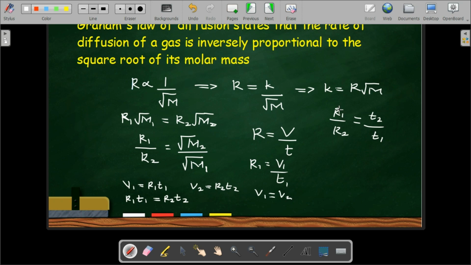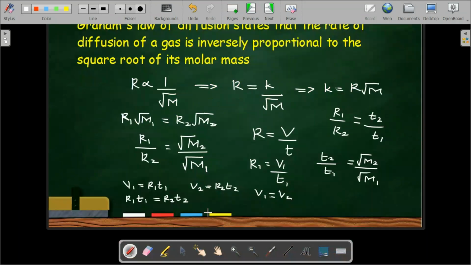Then we can substitute T2 over T1 in place of R1 over R2, so that we have a new formula: T2 over T1 is equal to root M2 over square root of M1. This relates rate and molecular weight of two different given gases.